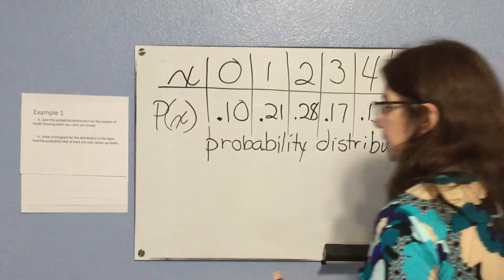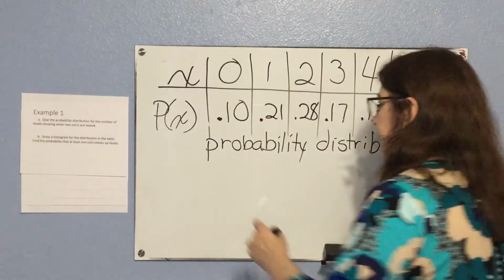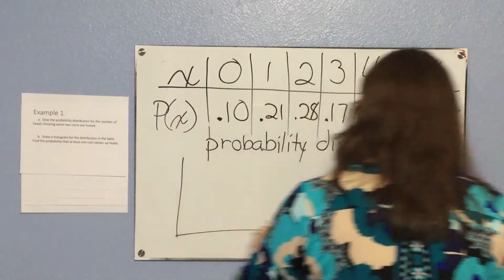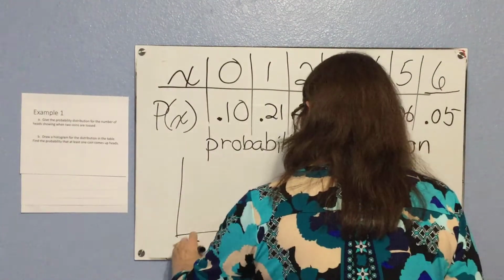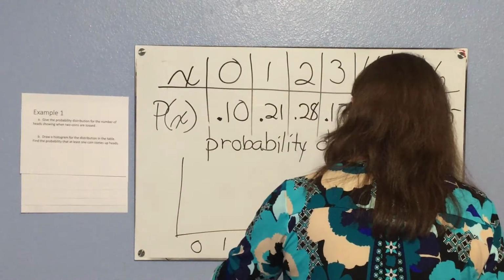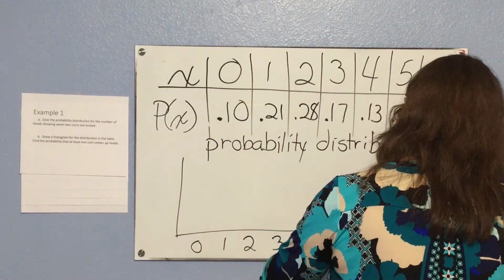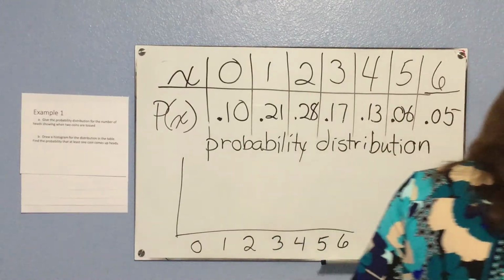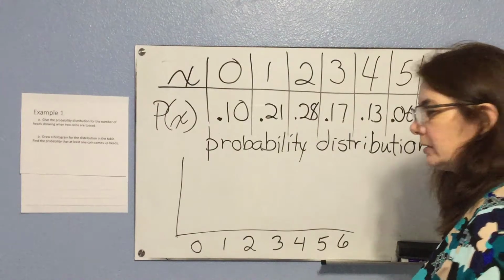Another thing that I do sometimes is to draw a graph called a histogram. And a histogram looks a lot like a bar graph. There are some distinctions. In a histogram, there is no space between the bars.